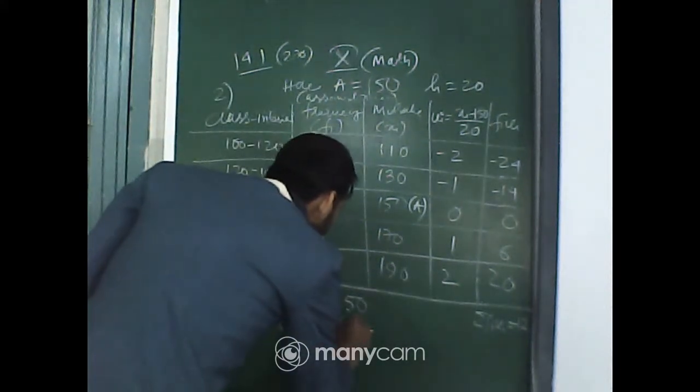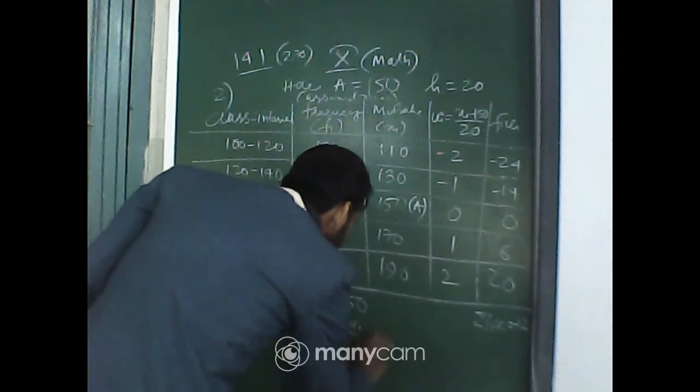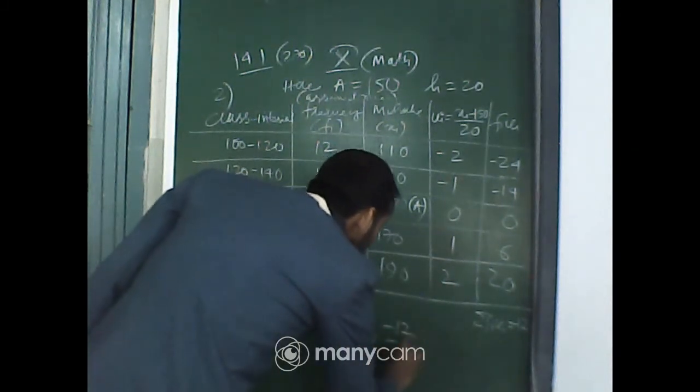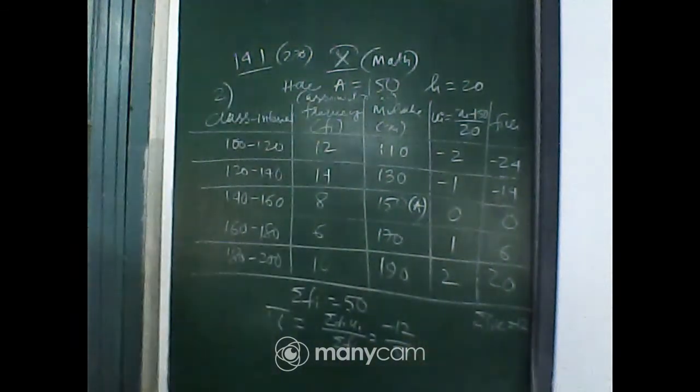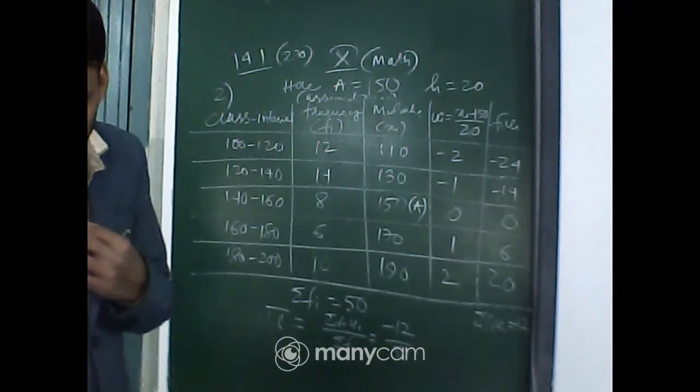Summation fiui by summation fi, minus 12 by 50, isn't it? Yes, just leave it, minus 12 by 50, no problem.